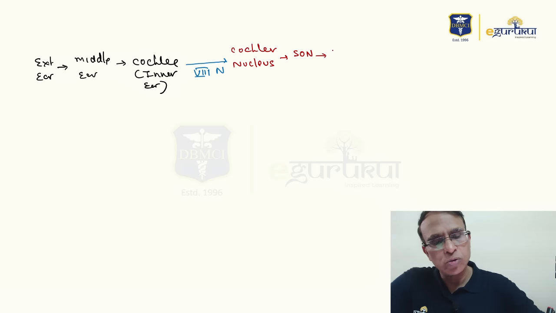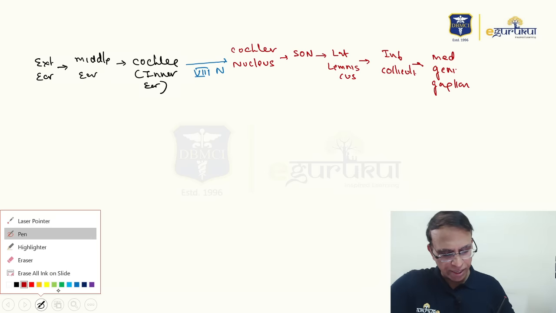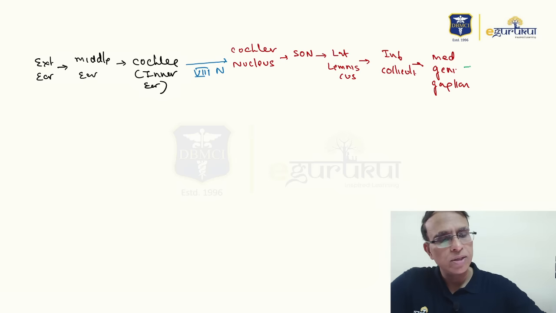From here it goes to lateral lemniscus. Then it goes to inferior colliculi. Then it goes to medial geniculate ganglion. So this is the part of the brainstem, and then it goes to the auditory cortex.